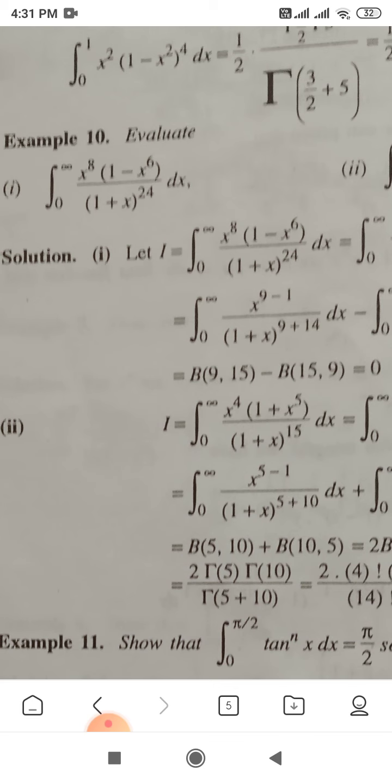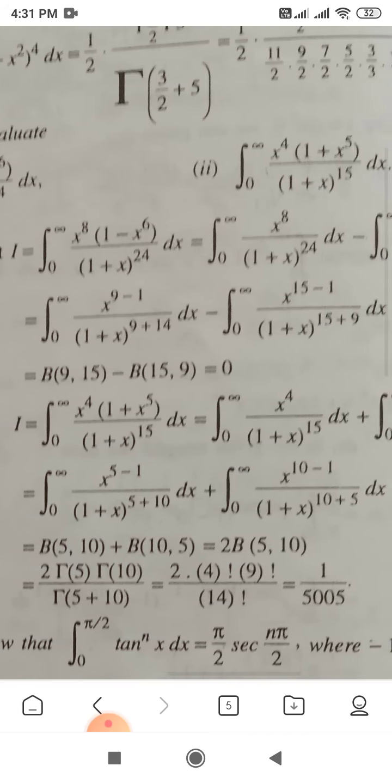First problem is evaluate the integral from 0 to infinity of x^8 (1 - x^6) upon (1 + x)^24 dx. So integral I is equal to 0 to infinity x^8 (1 - x^6) upon (1 + x)^24 dx.